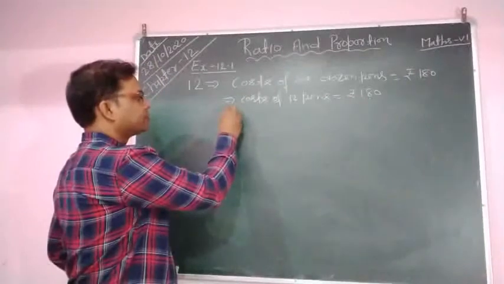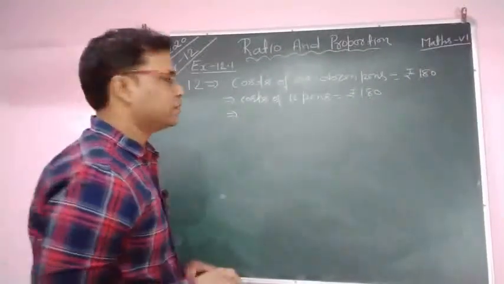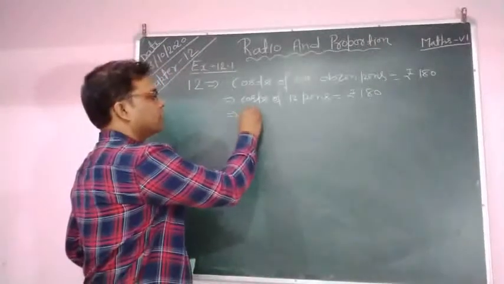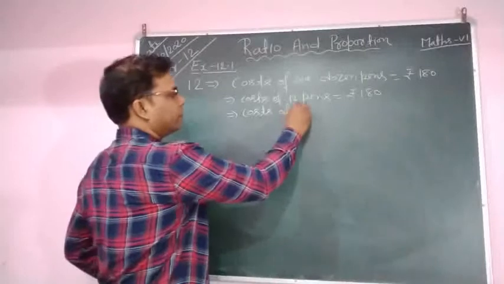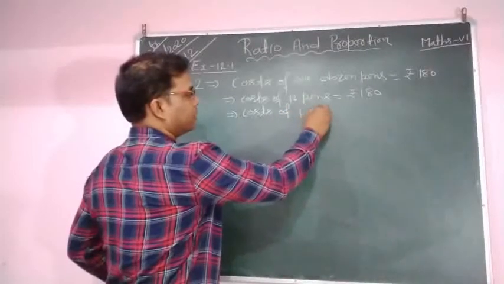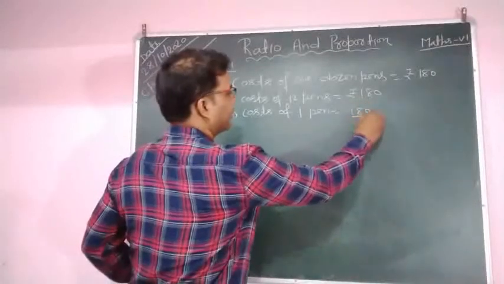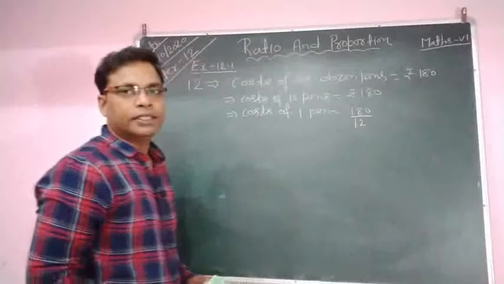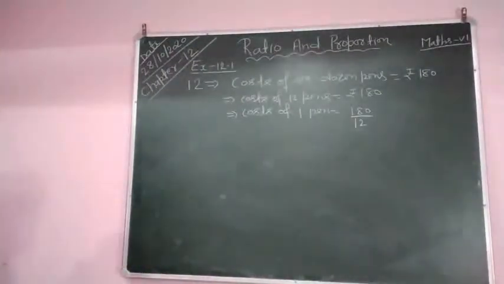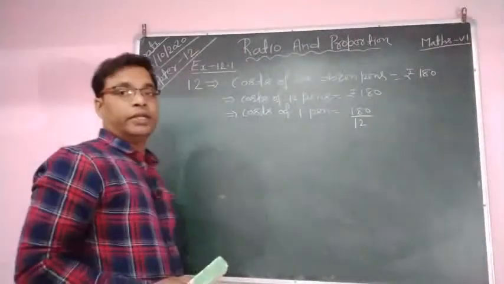So we find the cost of 1 pen. The cost of 1 pen is equal to 180 by 12, because it is given that 12 pens are equal to 180 rupees.